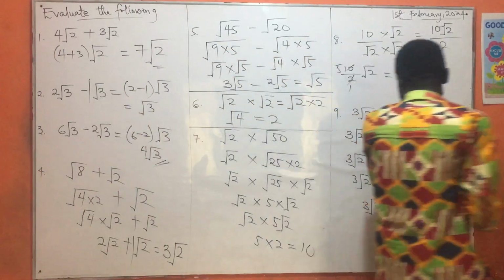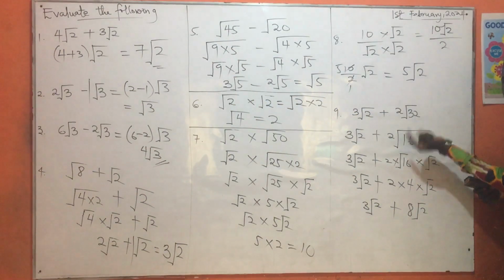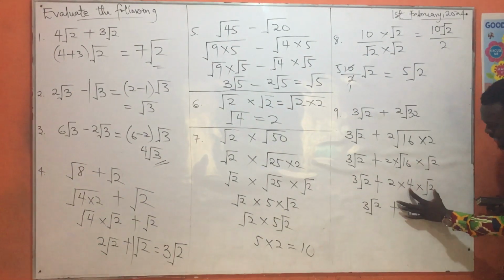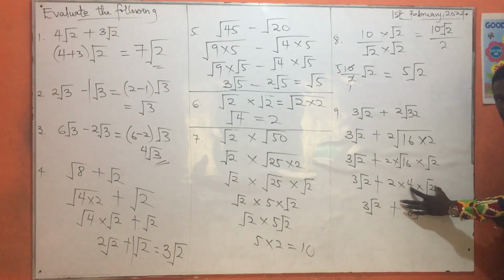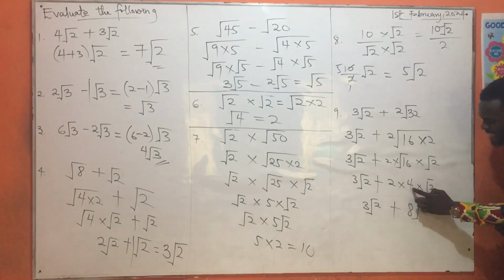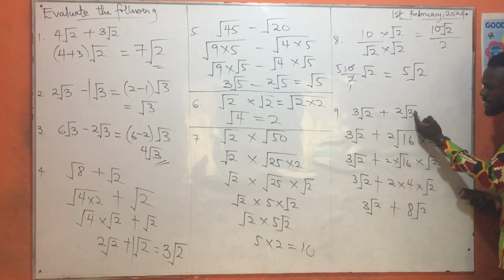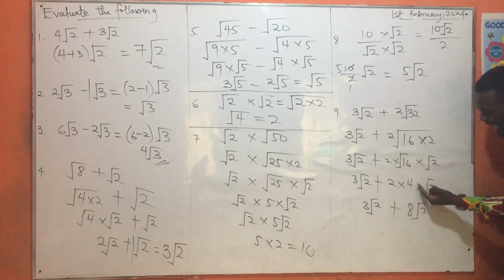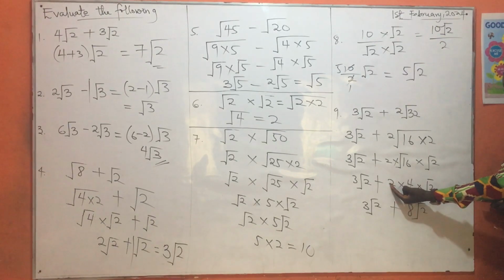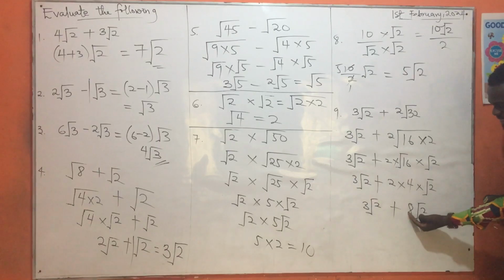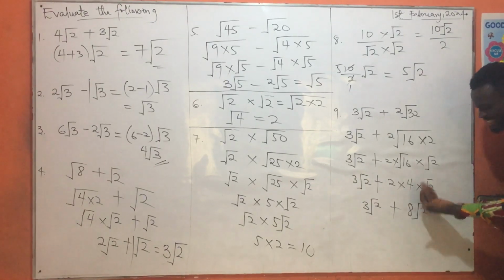Now the root 32 in its simplest form could have been 4 root 2. But because there is a number in front of the root 32, we have to multiply this number with that coefficient. So 4 times 2 is 8. So this gives us 8 root 2.